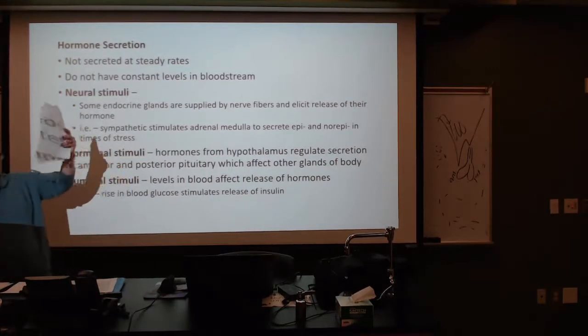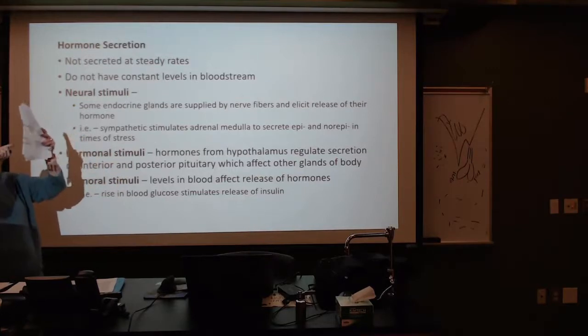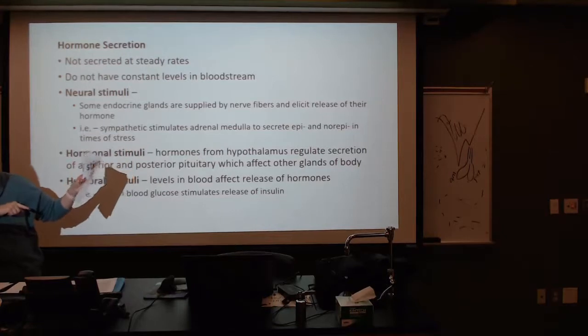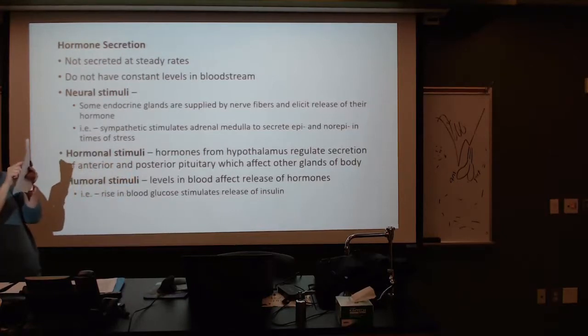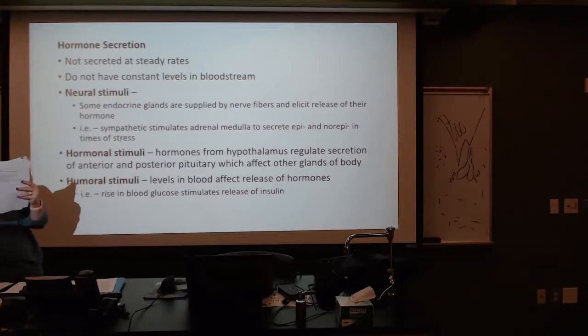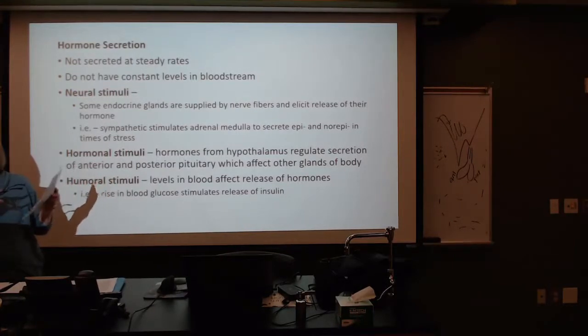Now take a peek back to, I think, slide 6. And do you see the little purple box and the pink box? Which hormone do you think the hypothalamus needs to put out?